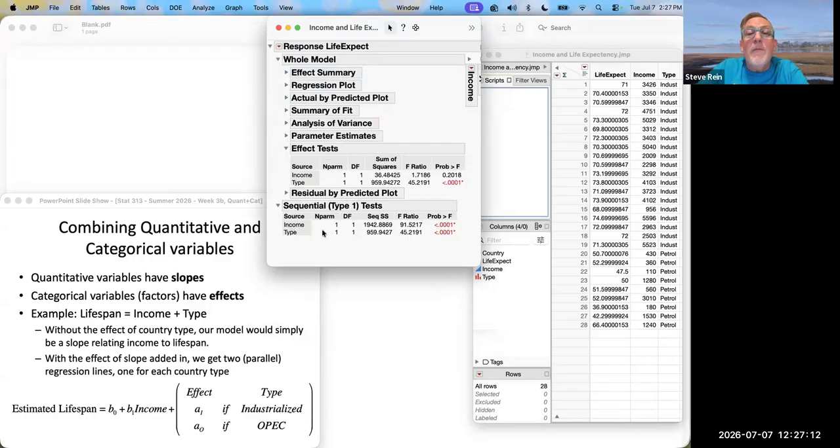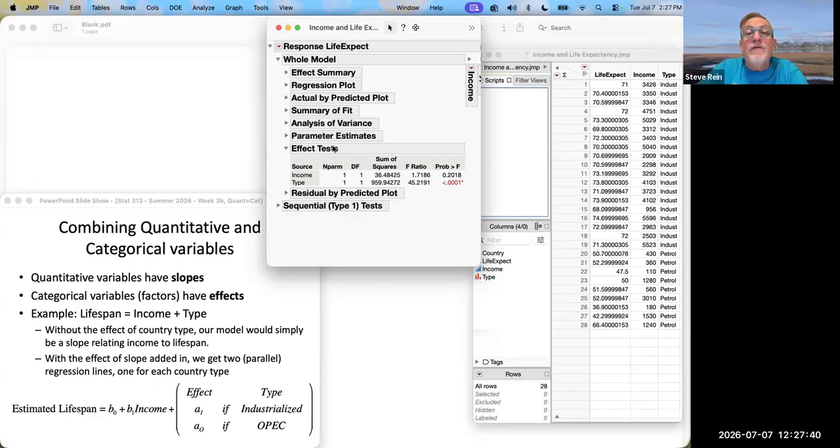And if you already had income, would adding in country type be helpful? You say, yes, indeed it would. Country type is helpful above and beyond the effect of income. However, with adjusted sums of squares, if income is being tested, having already controlled for country type, I don't see a slope related to income if we already have an impact of country type. And this is like what we did two class sessions back.